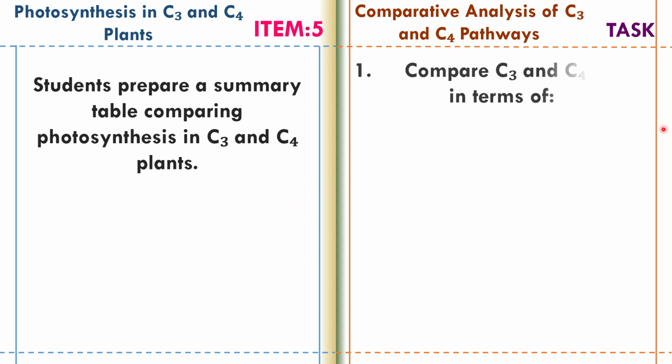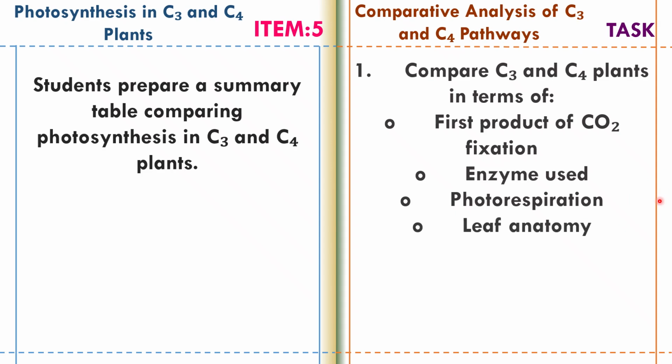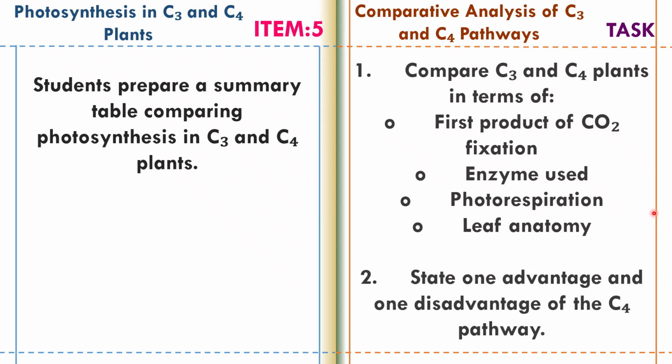Task: compare C3 and C4 plants in terms of first product of carbon dioxide fixation, enzyme used, photorespiration, leaf anatomy. State one advantage and one disadvantage of the C4 pathway.